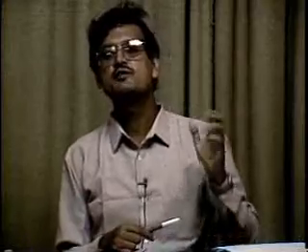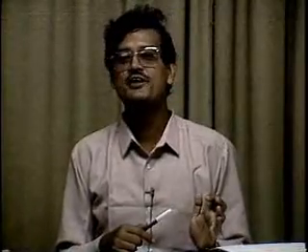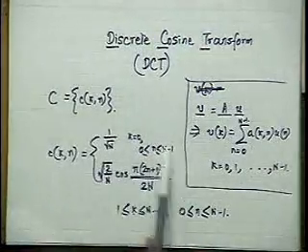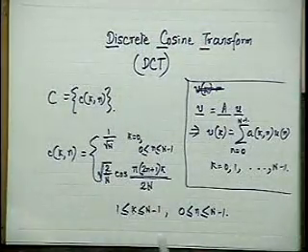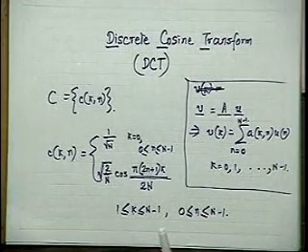So many people tend to think that if you take the real parts only, then it becomes the cosine transform. Just because cosine happens to be the real part of the exponential, many people have got this misconception. But do you find that the definition which I have written is the real part of the unitary DFT?